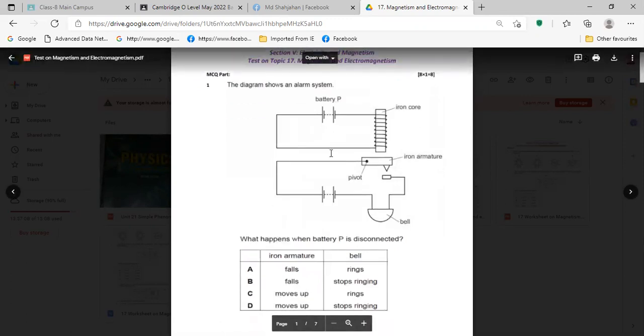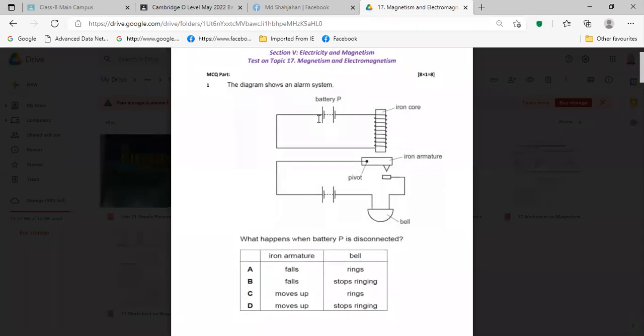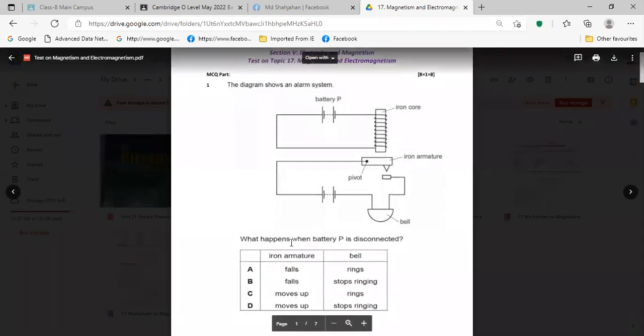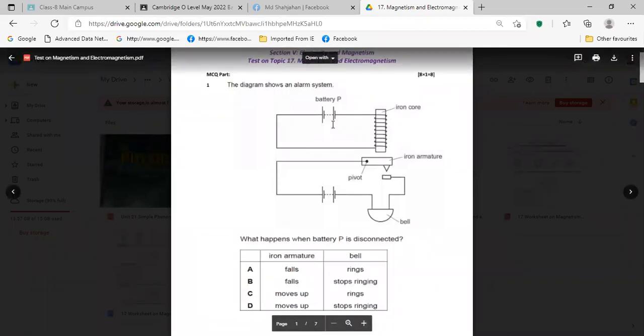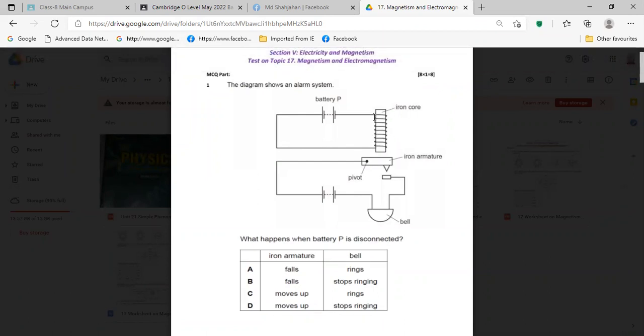So when this battery is not working, or they are saying battery P is disconnected, then what happens? If battery P is disconnected, that means we don't have any current here in the upper circuit. If the upper circuit does not have any current, then this iron core will not be magnetized, right?